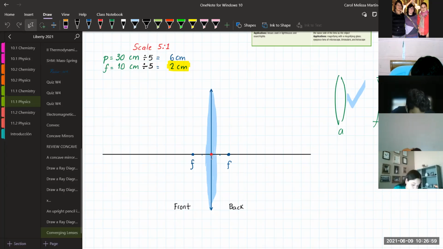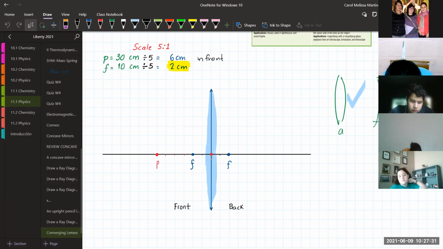Now, I will place my object. It says 6 centimeters in front. Remember, this goes in front. So I'm going to count 6 boxes or 6 squares in front. So I will count 1, 2, 3, 4, 5, 6. In this point right here, I will locate my object. It says that it is a round object, so I'm going to draw it.